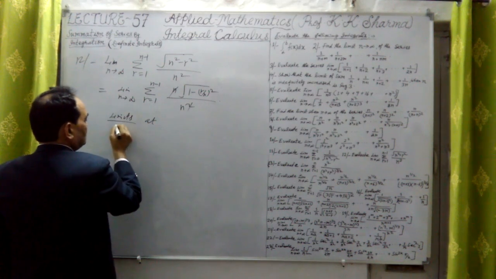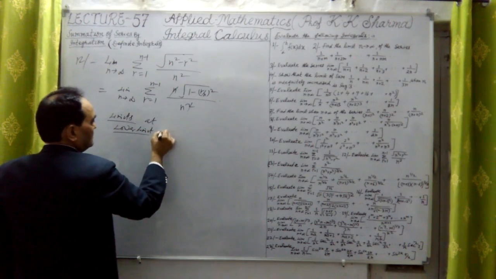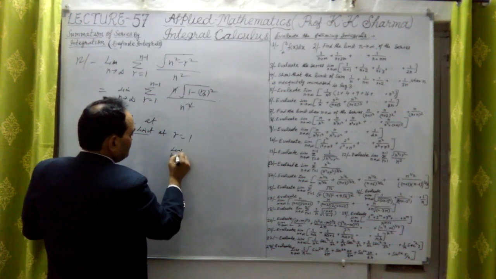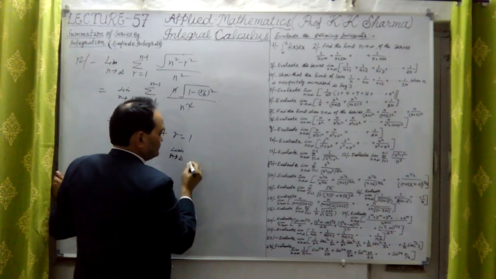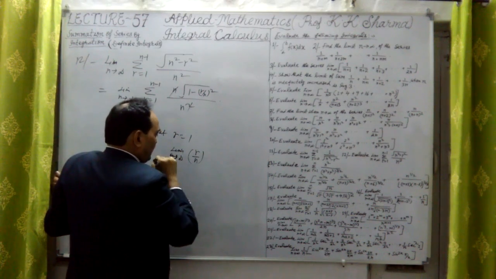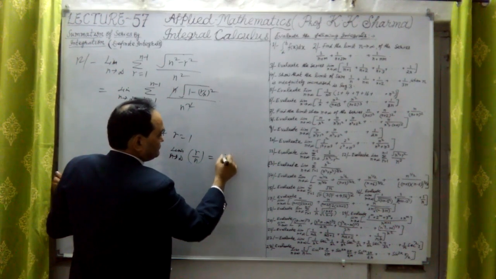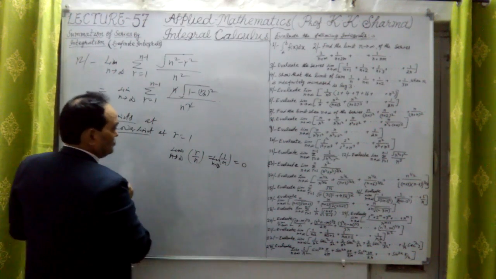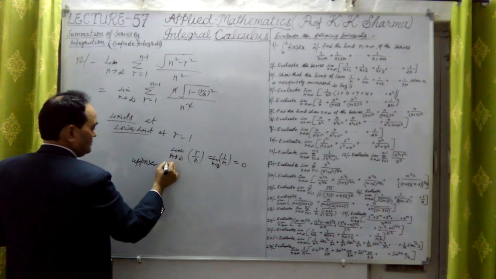First the lower limit, at r equal to 1. The limit as n tends to infinity of r upon n is 1 upon n, which tends to 0. So the lower limit is 0. Upper limit, same thing.